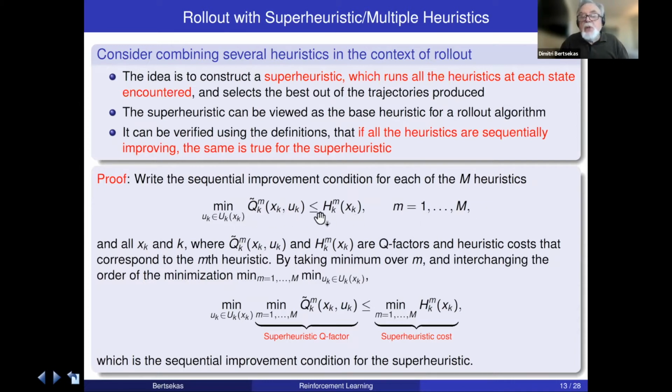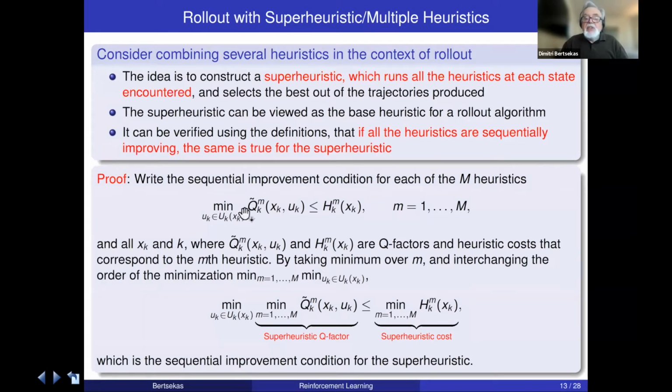This is the sequential improvement condition for heuristic M. This is the cost that it produces starting from xk, and this is the minimal Q factor that it produces starting from xk again. So this is the sequential improvement condition for every one of these heuristics.